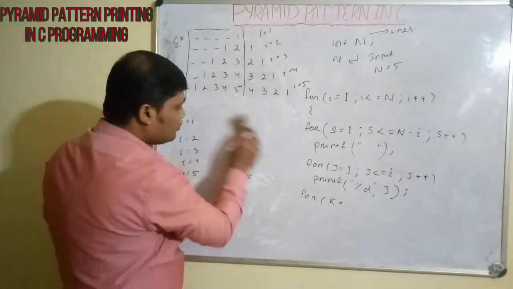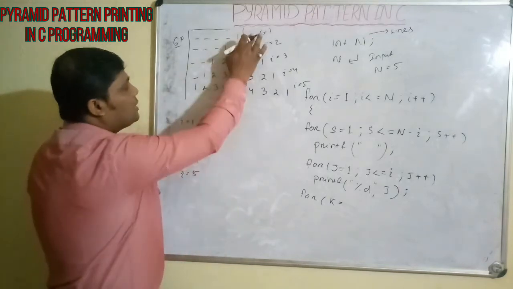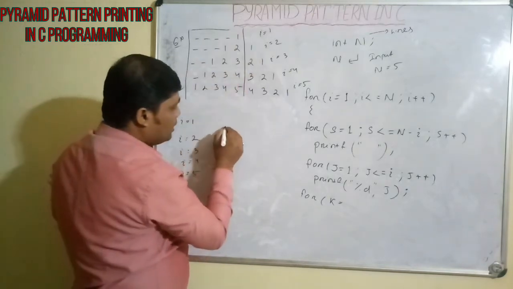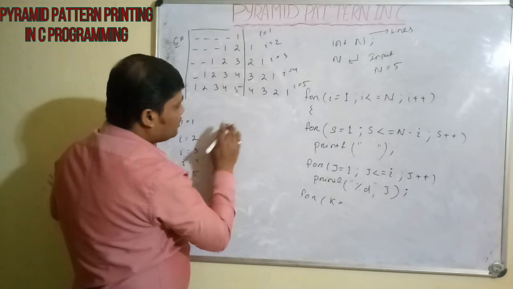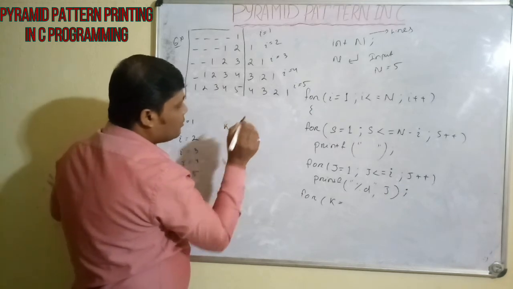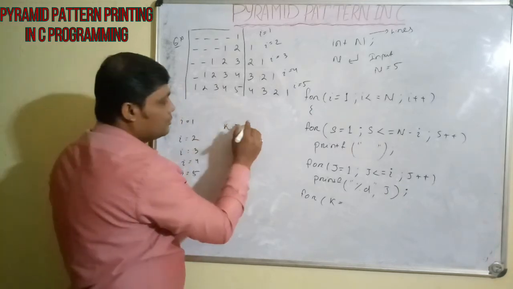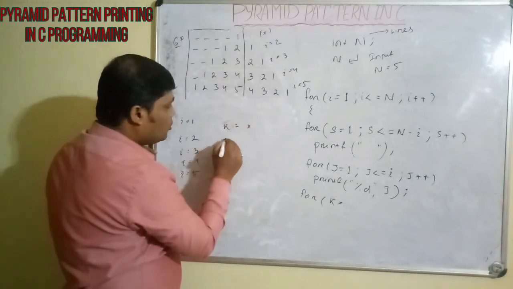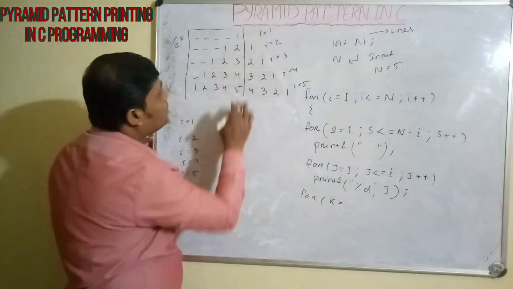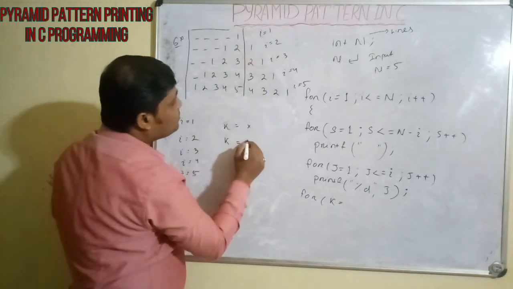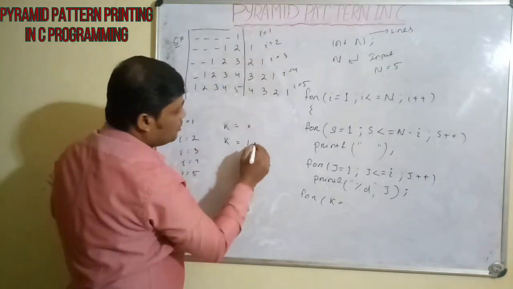Now see, to print this structure, when I value is 1, this K value will not work. When I value is 2, K starts from 1 and ends with 1.